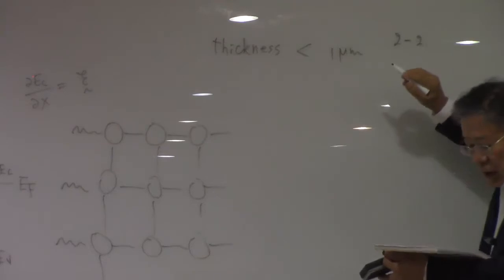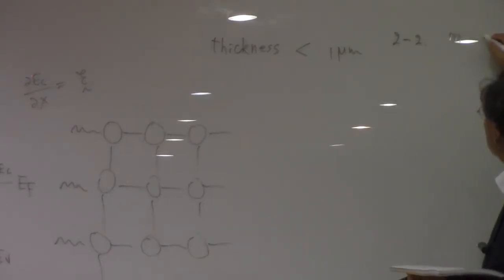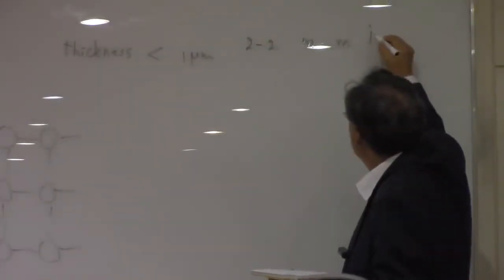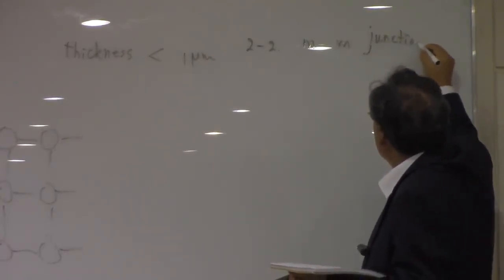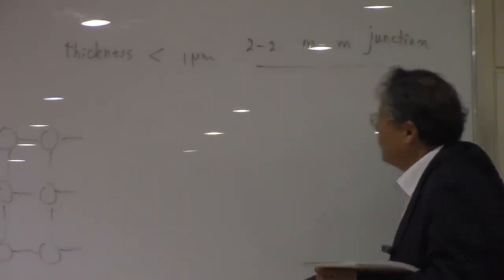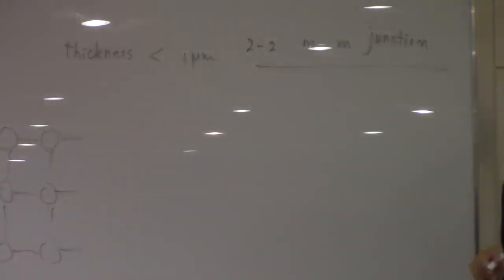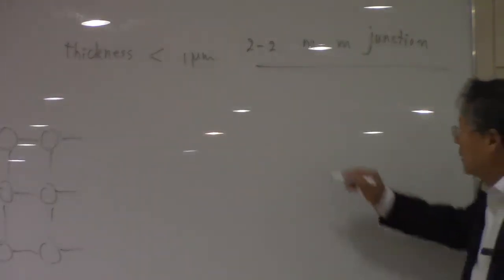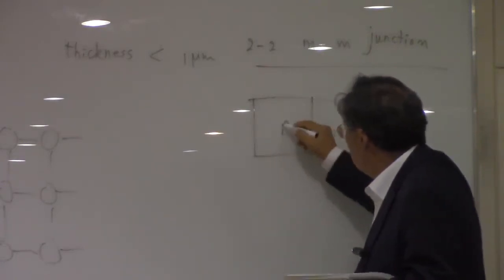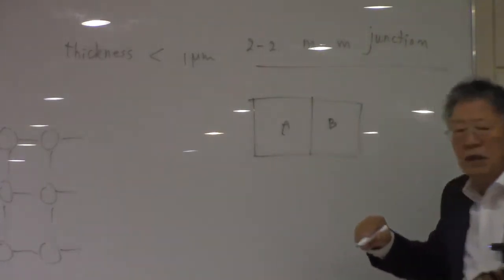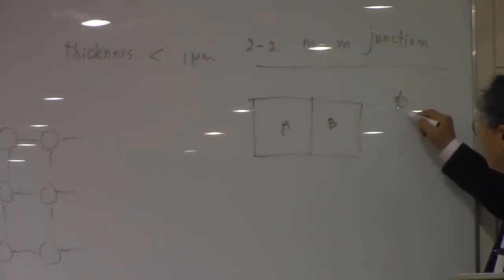Now the next topic is going to be metal junctions. Metal junction is not important because we cannot measure this. If you have metals A and B with different work functions, okay?